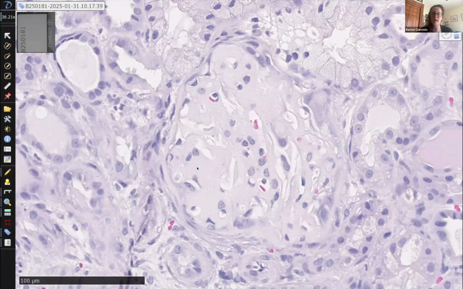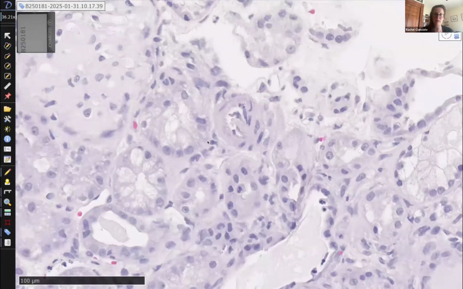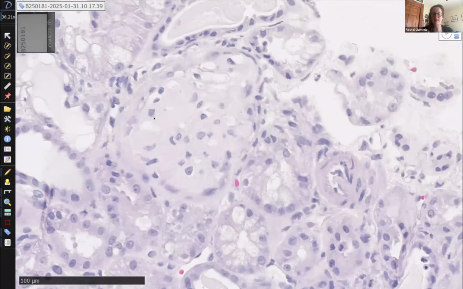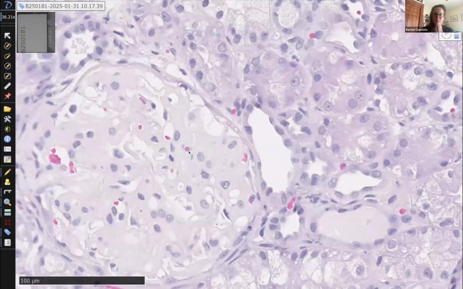It's going to have very limited mesangial zones. So this right here is a mesangial zone, and it should have maybe 2 nuclei within it. This has a lot of material inside the glomerular tuft, and it's a consistent lesion. It's in every glomerulus, being expanded by material.